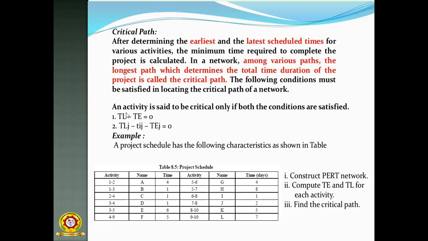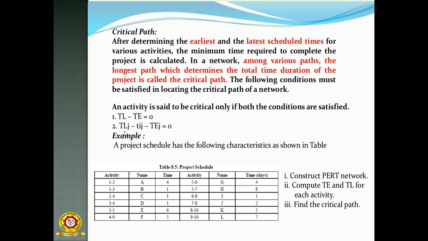The first one is TL minus TE equal to 0. When you are calculating the critical path, TL minus TE, that means latest time minus earliest time, is equal to 0. Then the second: TLj minus Tij minus TEj equal to 0. Here i means the predecessor node and j means the successor node.